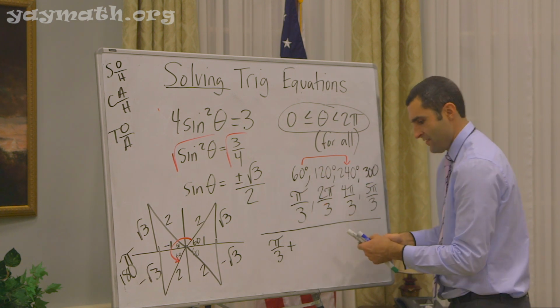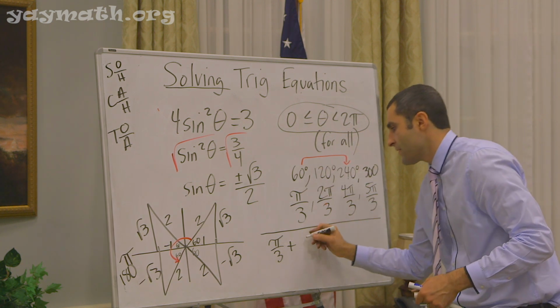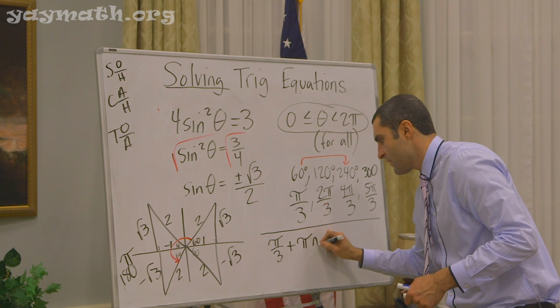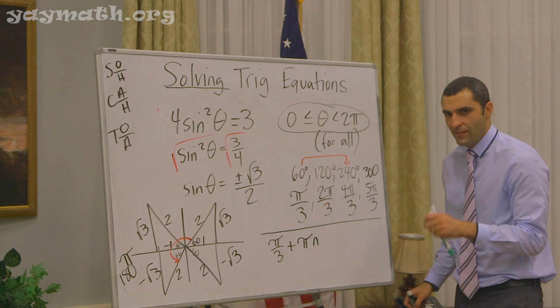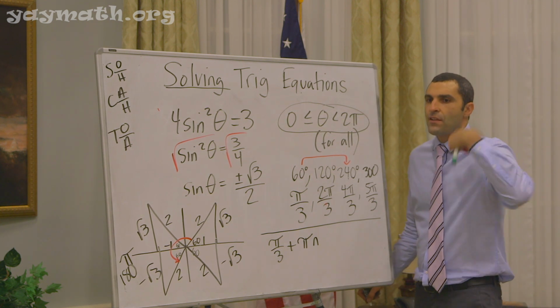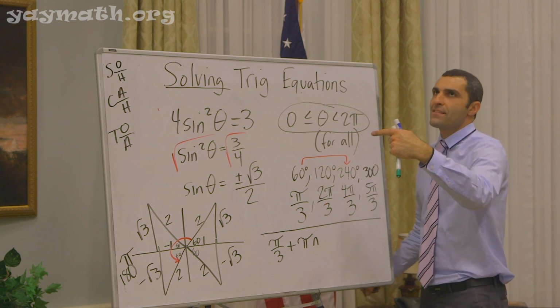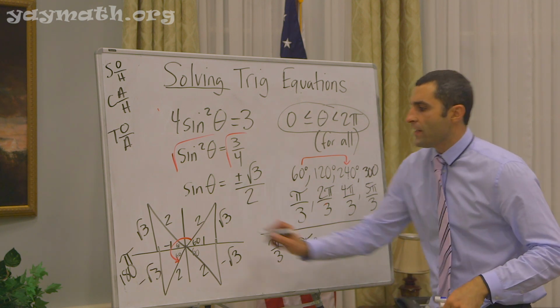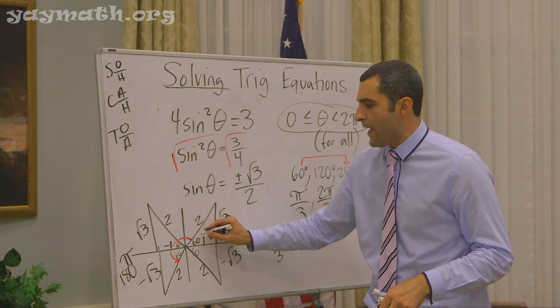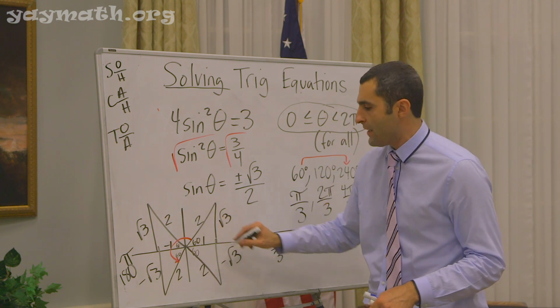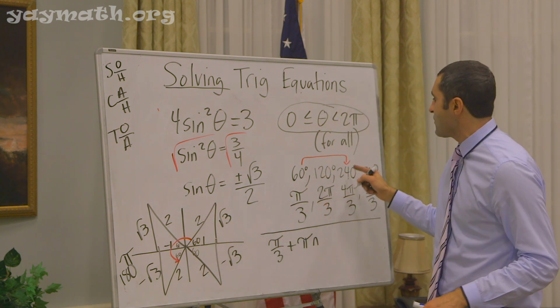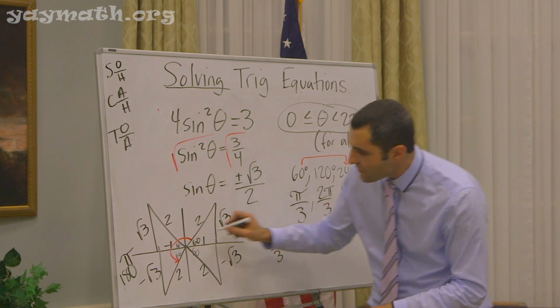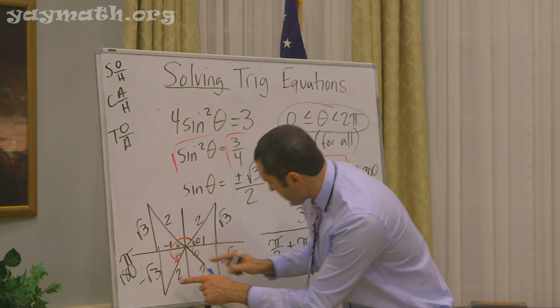So it's half of 360. Remember before we added 360n? That is the same as adding 2 pi. Start here and go all the way back here: add 2 pi. Now you can go from 60 to 240 and you can just add pi.